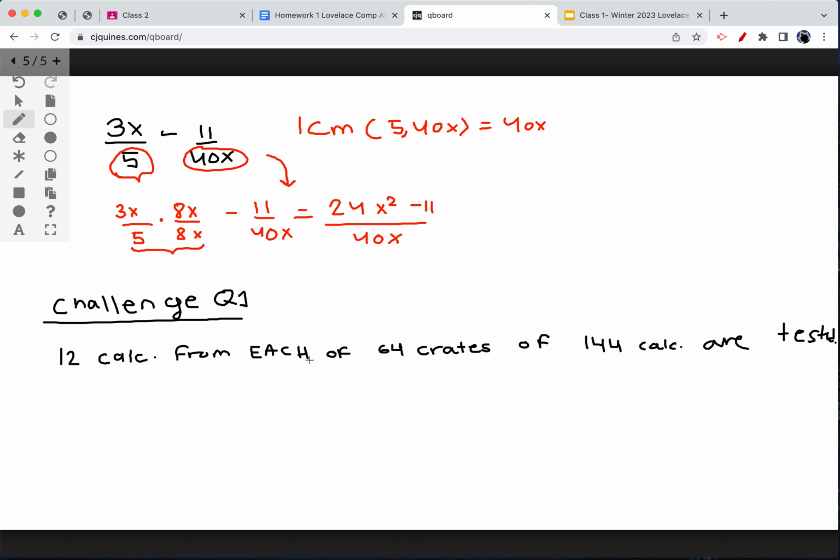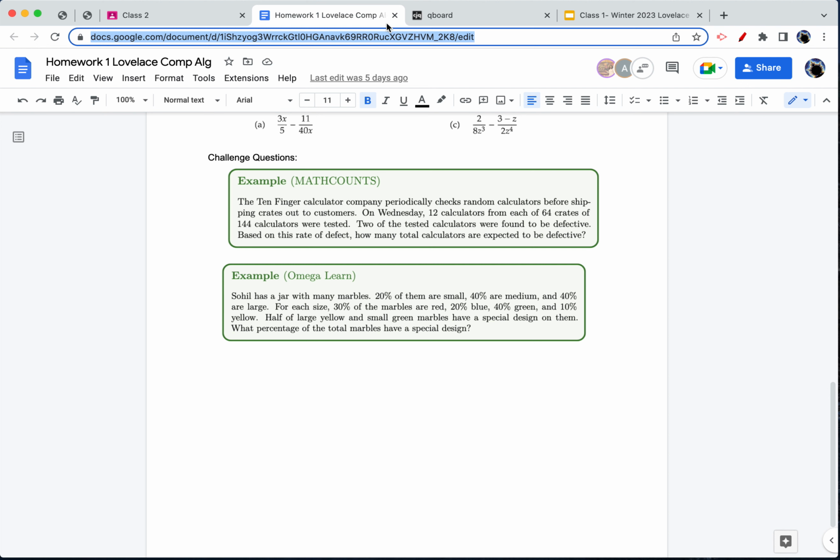So out of the 64 crates, let's choose one crate to look at in specific. Let's call this crate 1. So we know crate 1 has 144 total calculators. And out of this, we tested 12. So we tested 12 out of 144 of the total calculators. Now out of those tested, 2 of them were found to be defective.